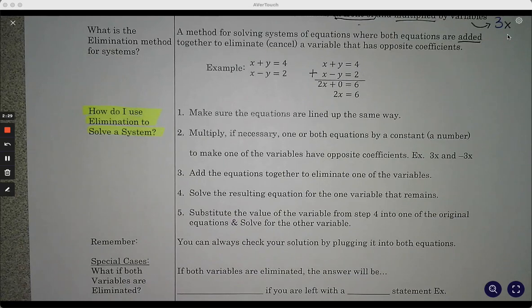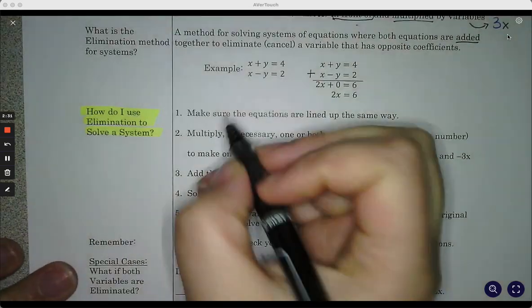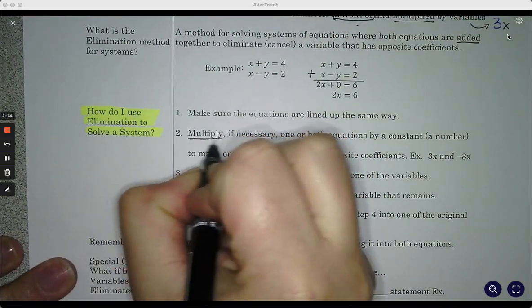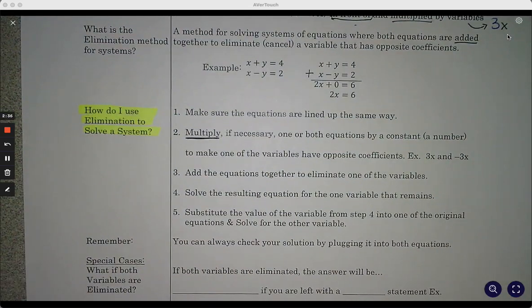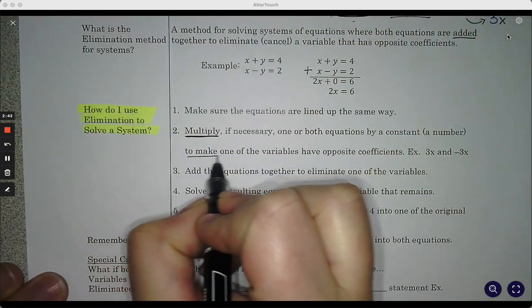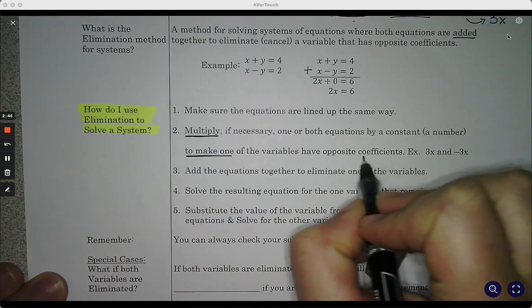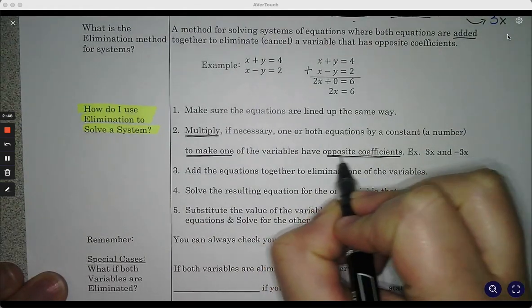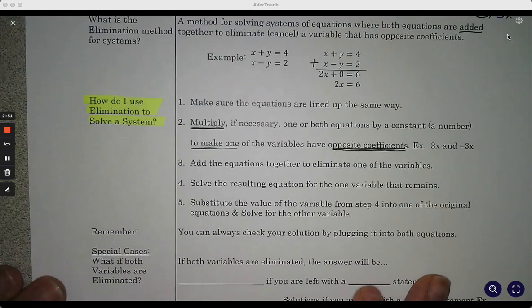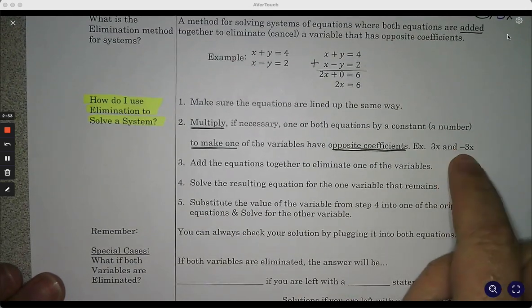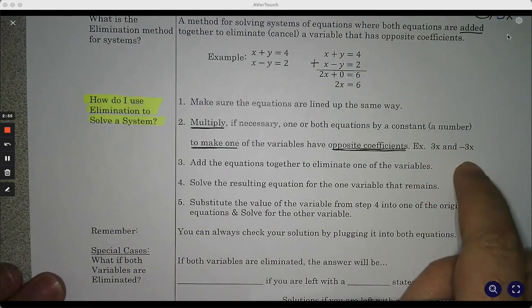Okay, so step 1, we multiply, if necessary, one or both equations by a constant to make one of the variables have opposite coefficients. An example would be 3x and negative 3x, so they're opposites here.